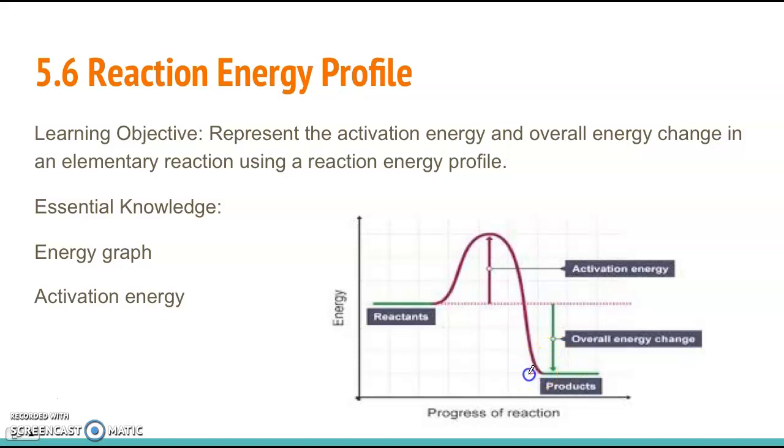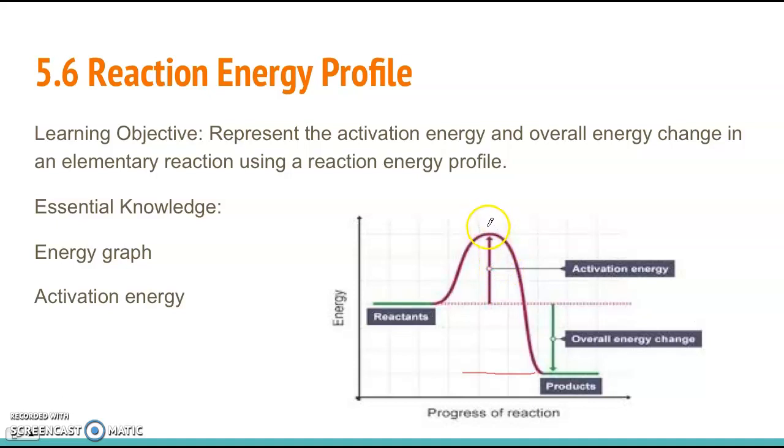If it's a reversible reaction, the distance from the potential energy level for the products to the top of this hill would be the activation energy for the reverse reaction. So in this case, the reverse reaction would have a greater activation energy.